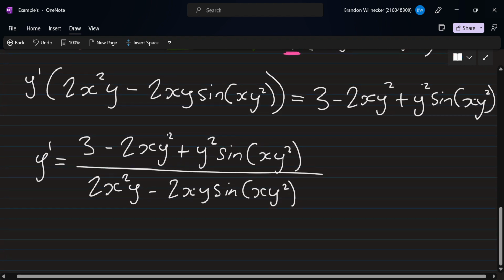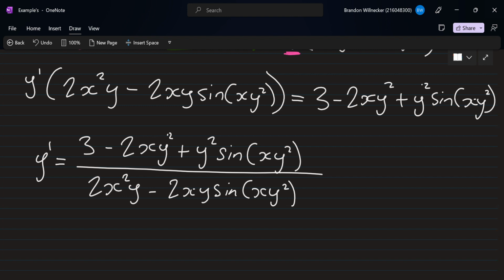Everything else is just some algebra. Okay, so you may notice that you could simplify the expression. So here you can't really simplify that much, so that's fine, but that is not necessary. Okay, so once you find the derivative, you can stop there. You don't need to simplify any further.